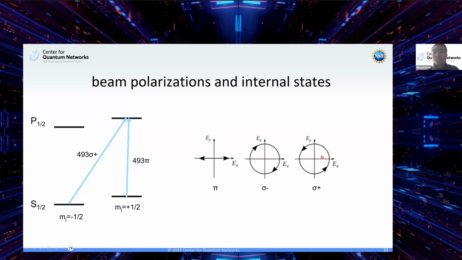Similarly, sigma minus light decreases mj by 1. And if the electric field is along the quantization axis, then the ion sees this as pi light, which does not change the mj when shown on it.